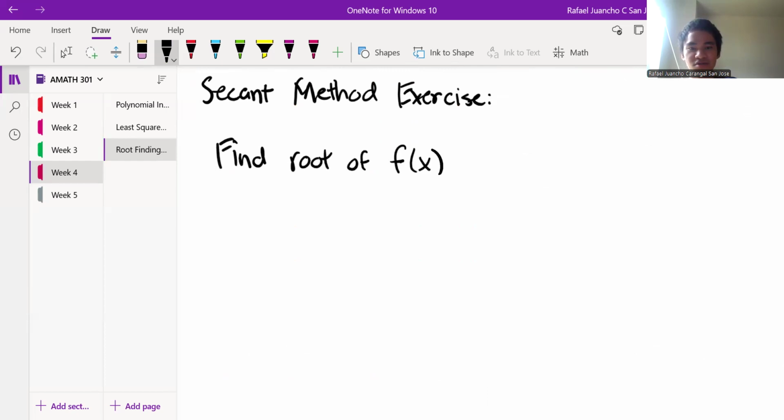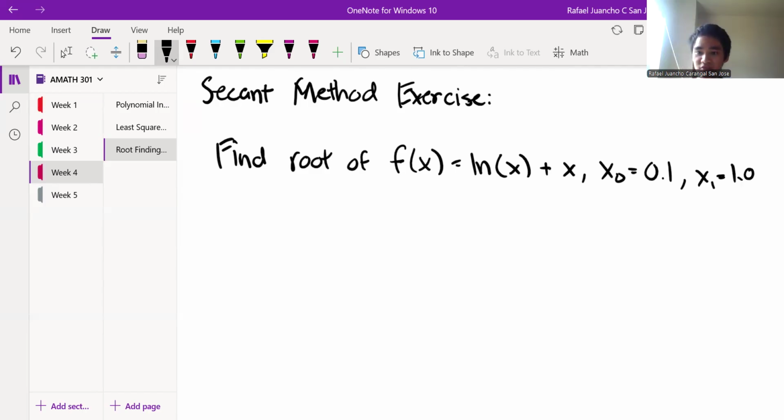Here we have some function f of x, which is ln of x plus x. Our initial point, x naught, is 0.1, and x sub 1 is, I think, 1.0. Go ahead and do the secant method.